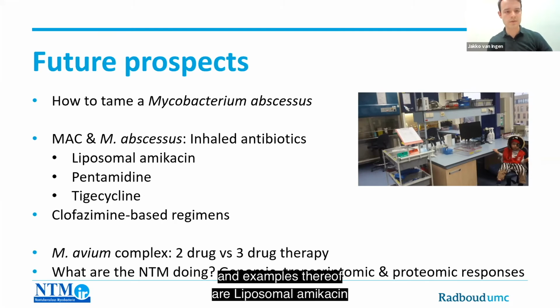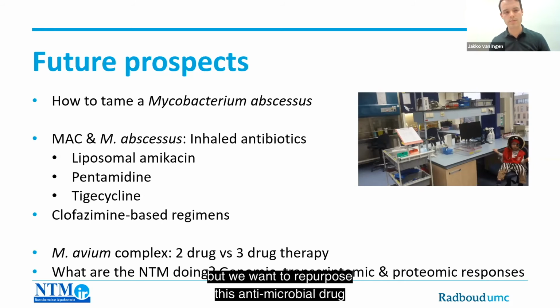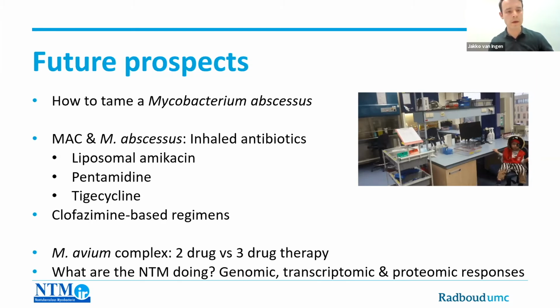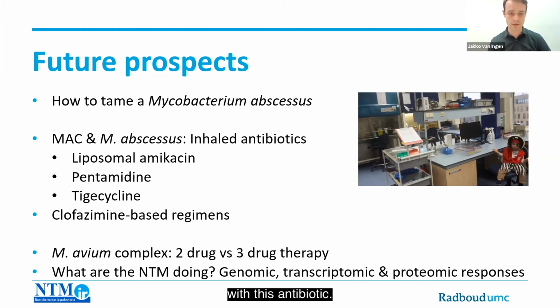Examples are liposomal amikacin, which Jacco told us about and which really looks promising. Pentamidine, which is a really old antimicrobial drug, but we want to repurpose it for the treatment of MAC and M. abscessus. Last but not least, also tigecycline, which is also an inhaled antibiotic, and we want to try to treat Mycobacterium abscessus with this antibiotic.